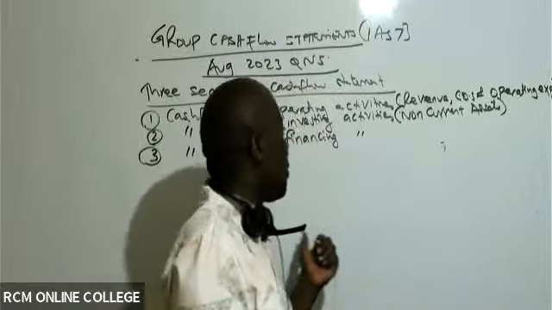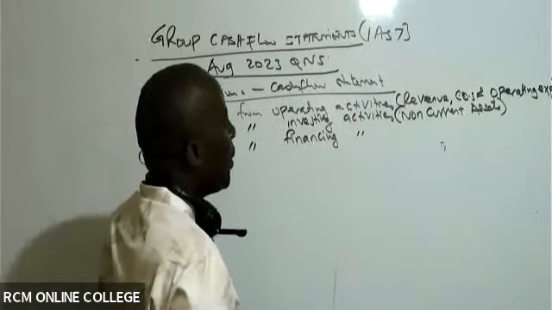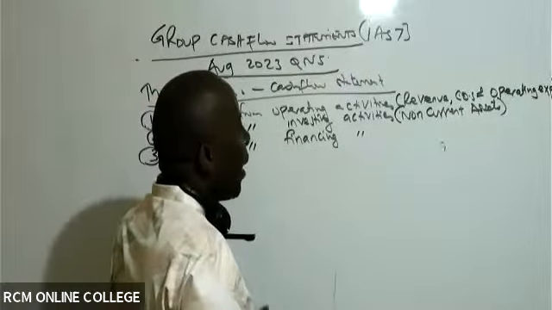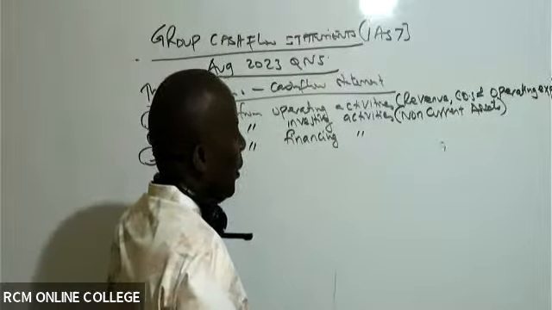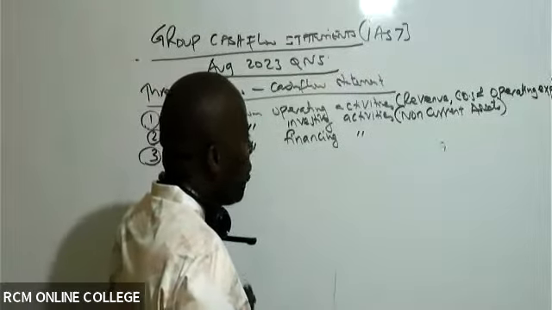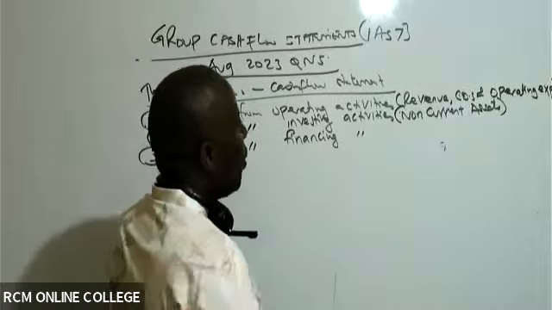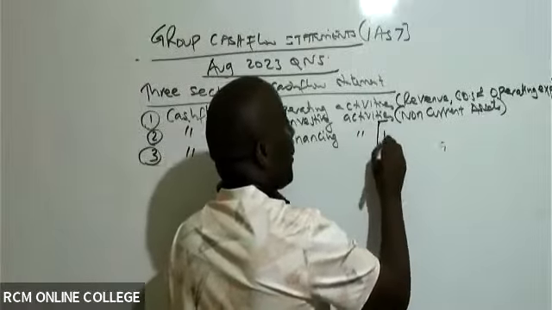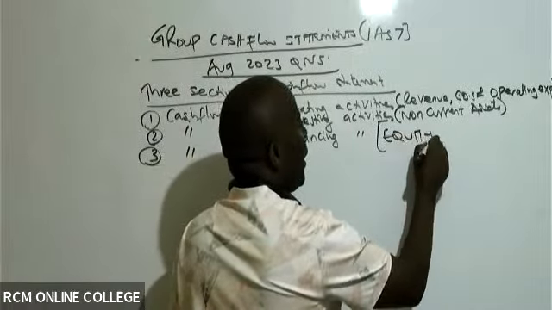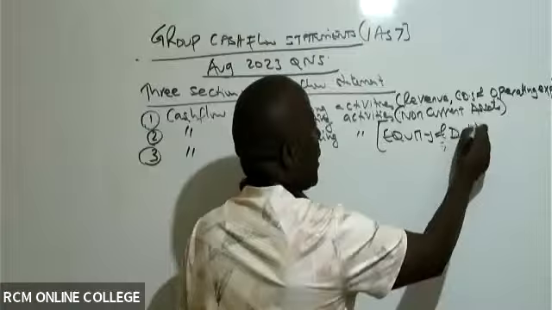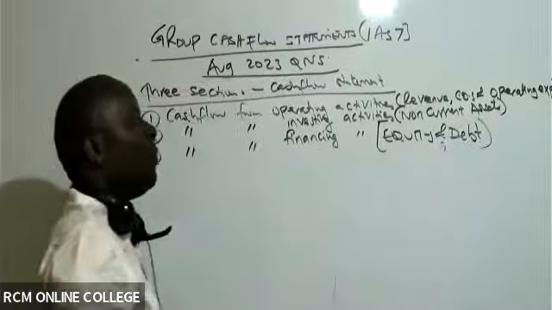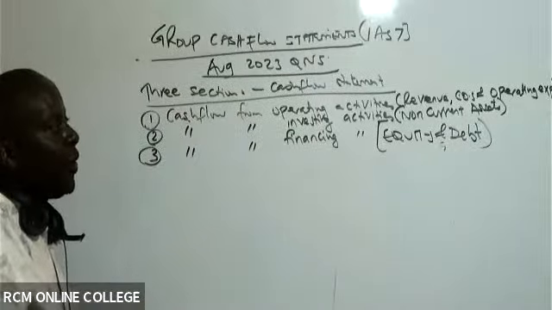And then when we talk about financing activities, we are looking at how we acquire this capital. So how do we acquire funds for running our company? We are looking at equity and debt. At times we have preference shares, but preference shares are not very common.